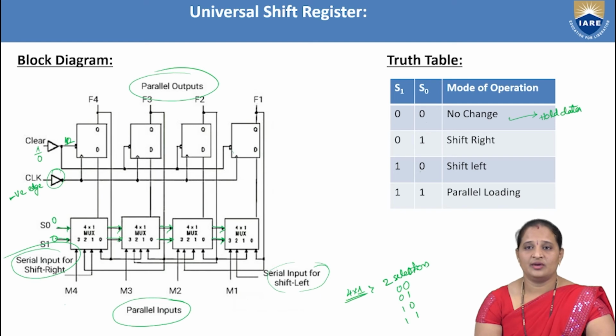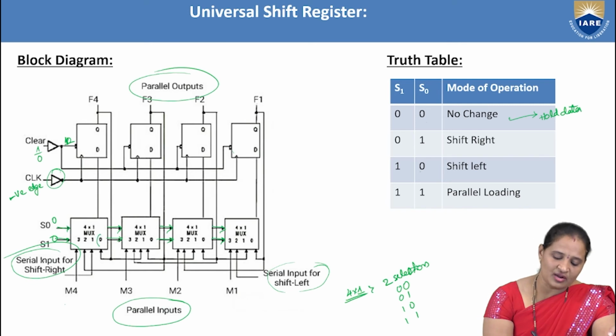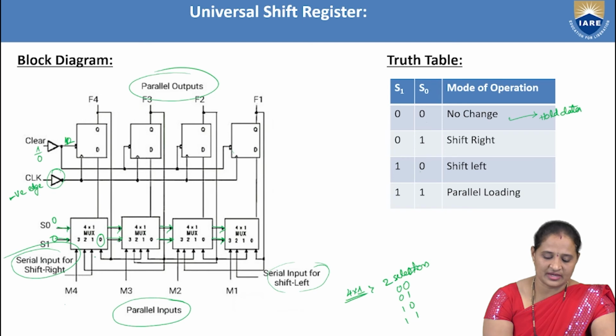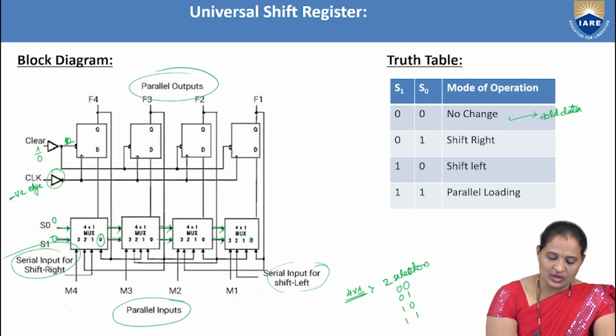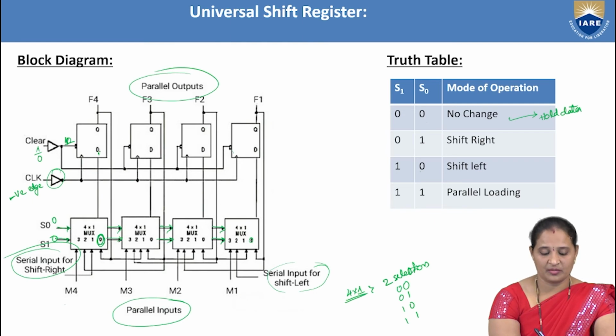As we know, when the selection inputs are 0 and 0, the 0th input line will be selected and sent to the output. So the 0th line of the rightmost mux is connected to the output of the flip-flop. Whatever data is stored is given to the D input of the flip-flop, and the output is given here.